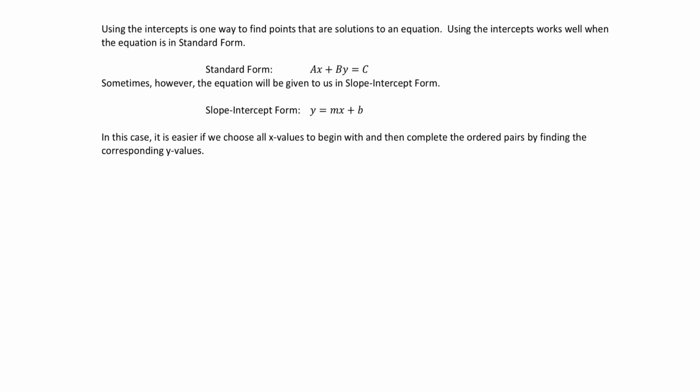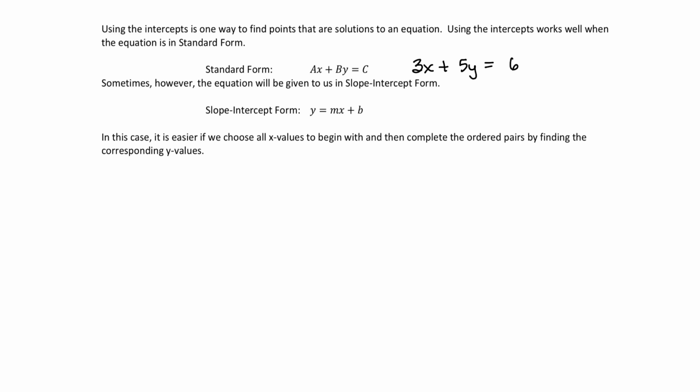Okay, we have two forms of a line here in the middle. And the way that we just learned how to do things with the intercepts is using this form. We had x and y on the same side and it was equal to another number. So for example, I'm just going to make one up. 3x plus 5y equals 6.